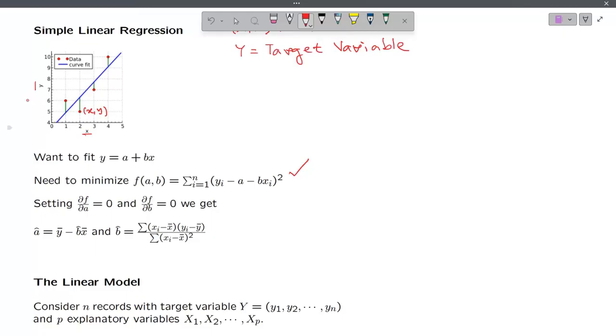b hat equal to summation xi minus x bar into yi minus y bar by summation xi minus x bar whole square, which is nothing but covariance xy by variance of x. So this is the way we estimate the values of a and b.